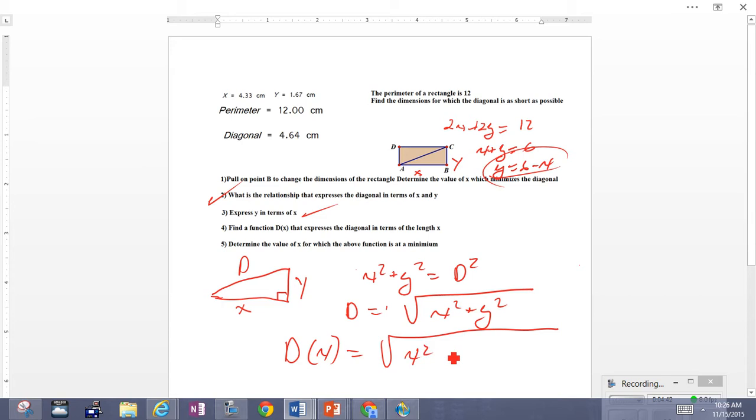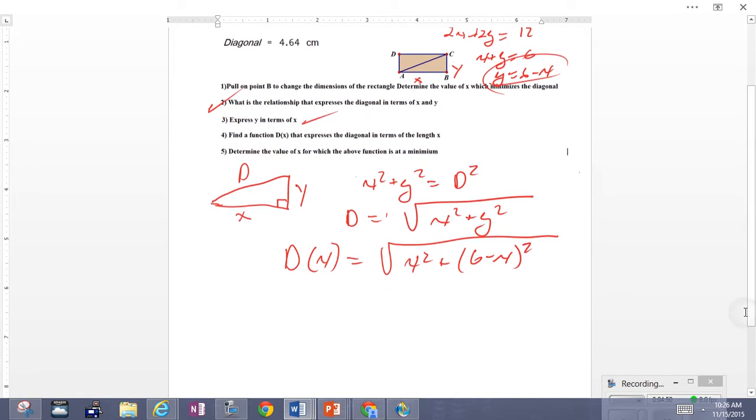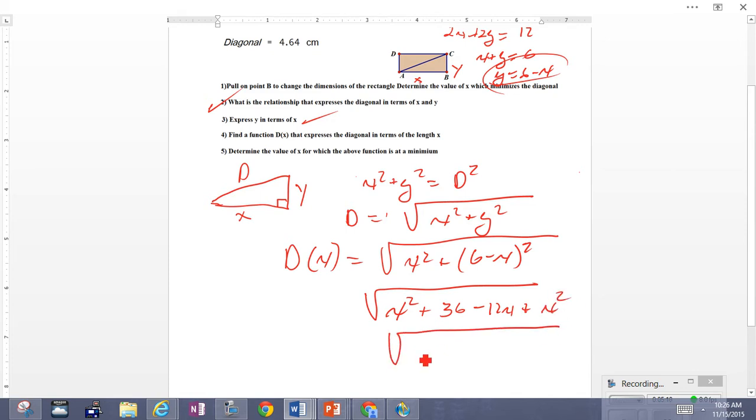So we've got x squared plus the quantity 6 minus x, squared, and that is a quadratic underneath a radical, which makes it quasi-quadratic. Let's expand this out. x squared plus 36 minus 12x plus x squared, which now becomes 2x squared minus 12x plus 36. So this is the diagonal as a function of x.